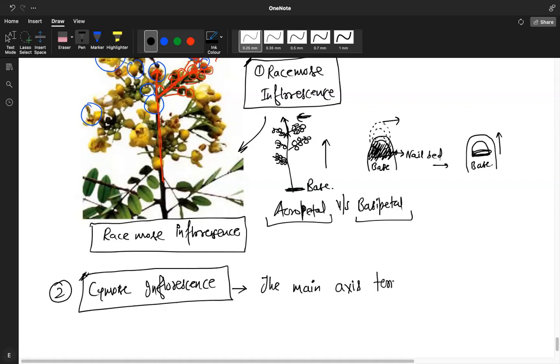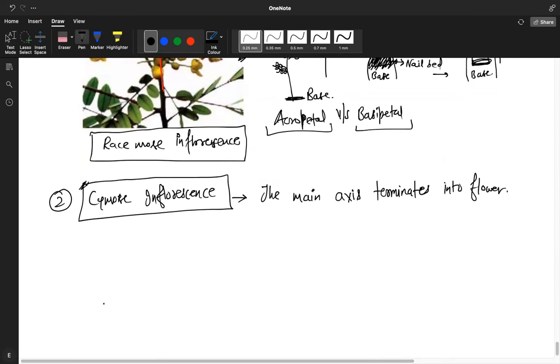The main axis terminates, and terminates into a flower only. So here, this is the main axis growing from the base, and you see there are flowers here, there are multiple flowers here, and then this main axis also develops into a flower, so it stops. You understand? It cannot go beyond. It's like the wall at the end of the road.